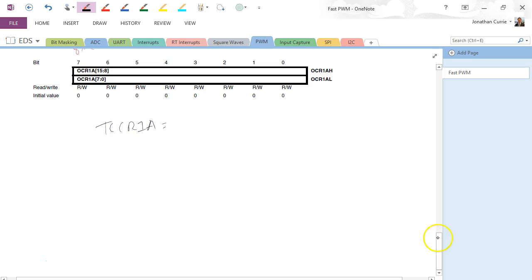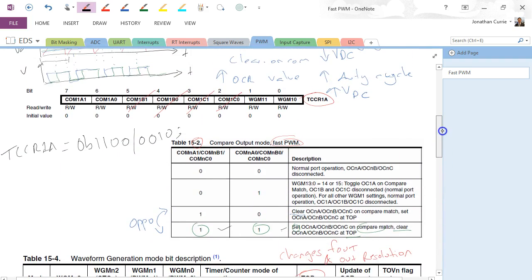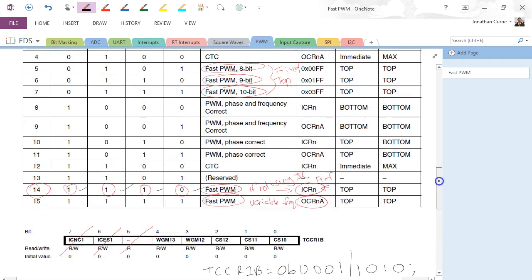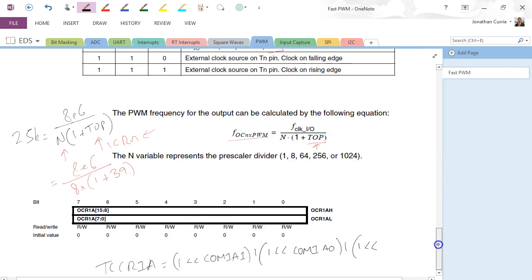So in summary, TCCR1A is equal to, now we could use those masks that I showed you in earlier videos. In this case it would be 1 shifted along COM1A1, ORed with 1 shifted along COM1A0, ORed with 1 shifted along WGM11.